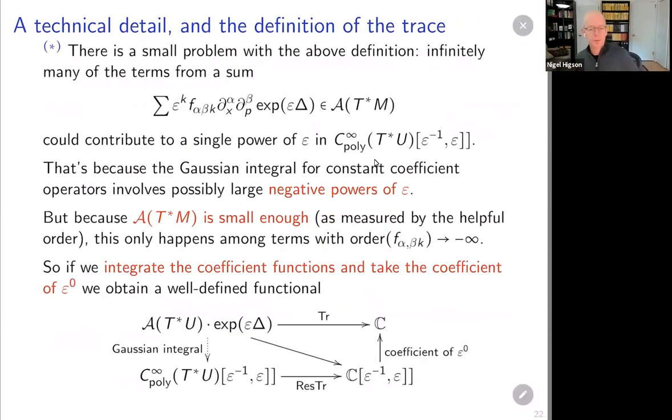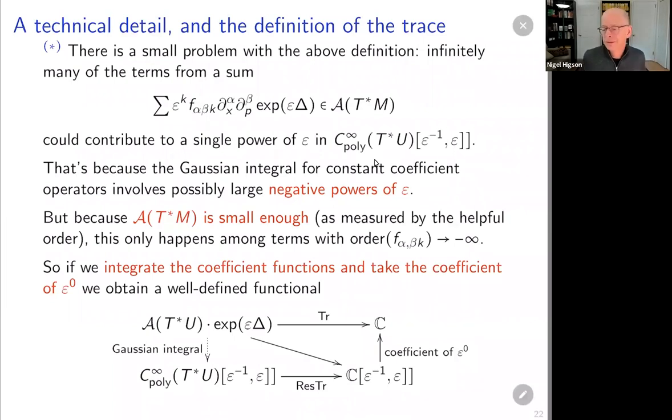There is a little problem here, which is that when you do this Gaussian integration, you'll collect lots of negative powers of epsilon. And so what you find is that contributing to the traces I tried to define, or the intermediate traces I tried to define on the previous page, are infinitely many terms attached to any single power of epsilon.